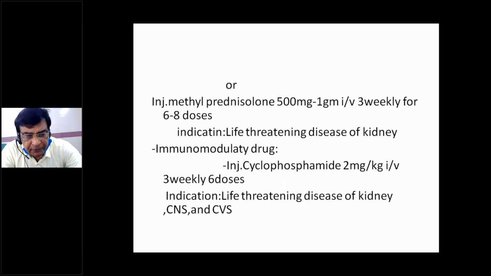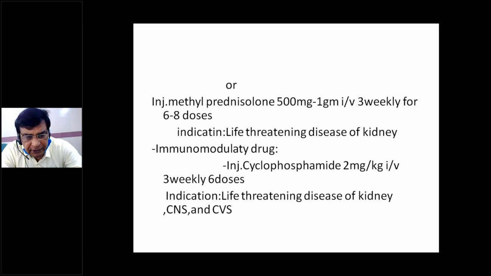But sometimes the injectable steroid, methylprednisolone, is given 500 to 1 gram IV, 3 weekly for 6 to 8 doses. And it is given in life-threatening disease of the kidney when massive proteinuria occurs.